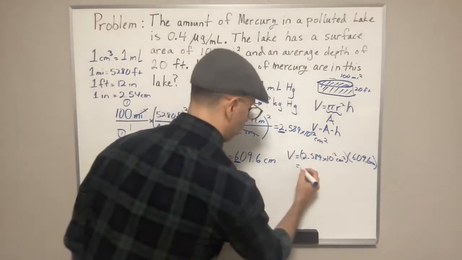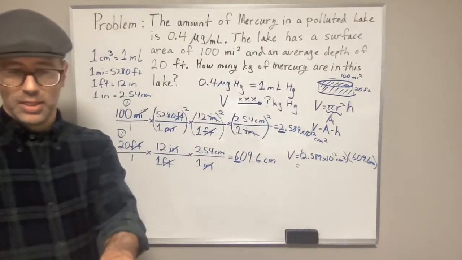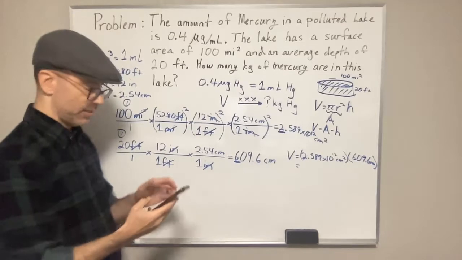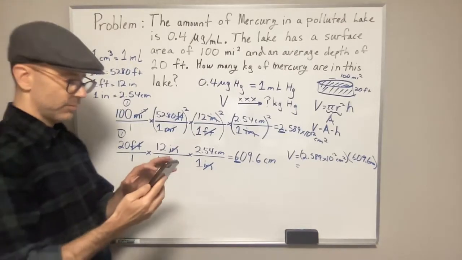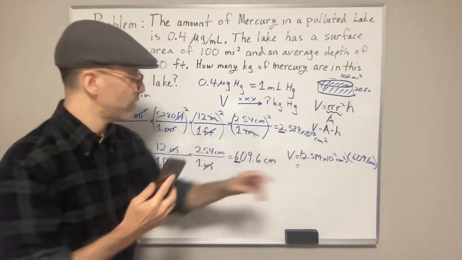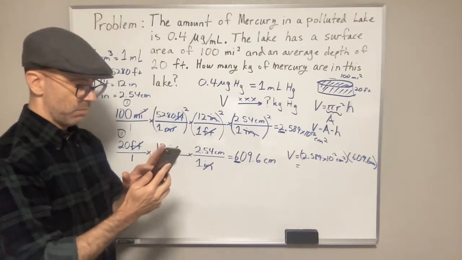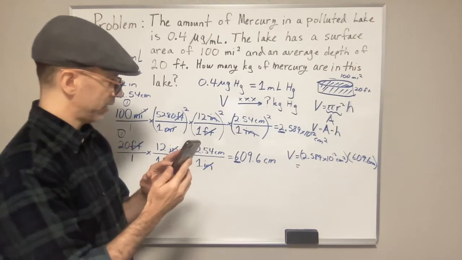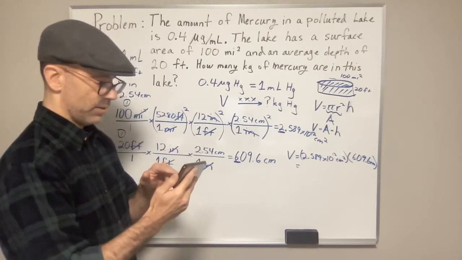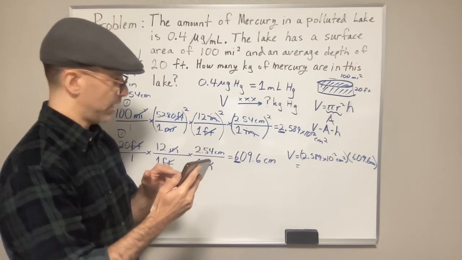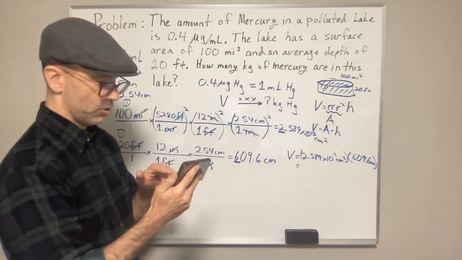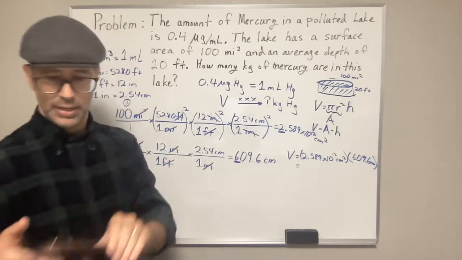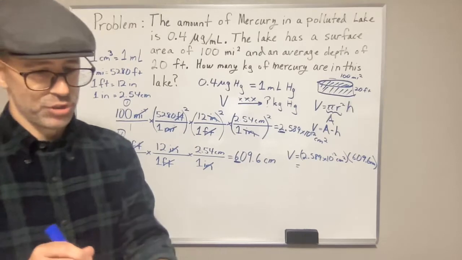And so then all I need to do is calculate that. So I got my 609.6 multiplied by 2.589 times 10 to the 12 equals, and I get a really huge number.